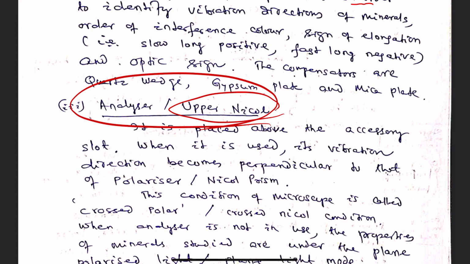If the polarizer vibration is east-west, then the other vibration direction will be north-south or vice versa. So that when both are in use, the microscope is said to be in crossed nicol position.